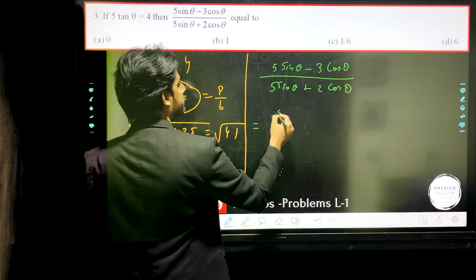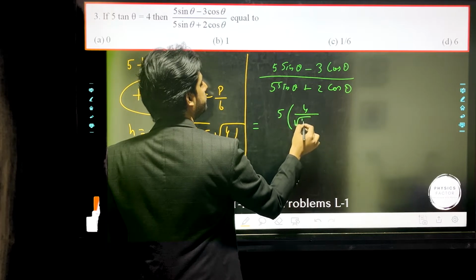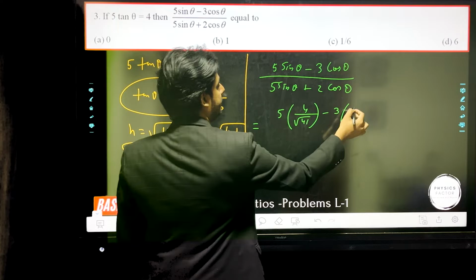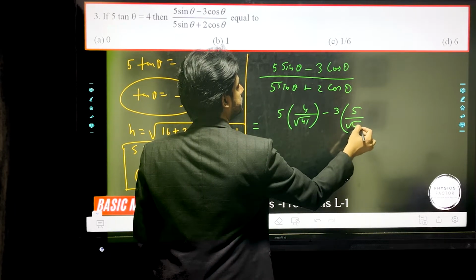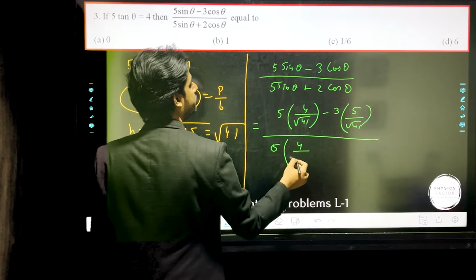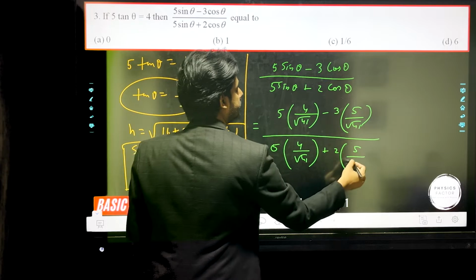So 5 times sin theta value, 4 upon root 41, minus 3 times cos theta value, 5 upon root 41, upon 5 times again 4 over root 41 plus 2 times 5 upon root 41.